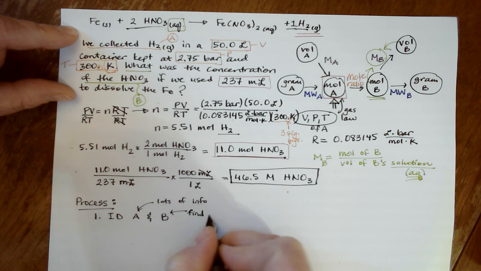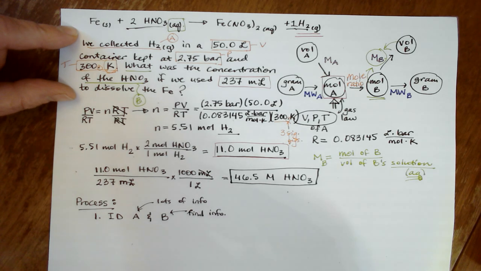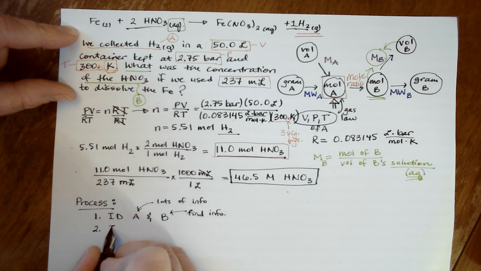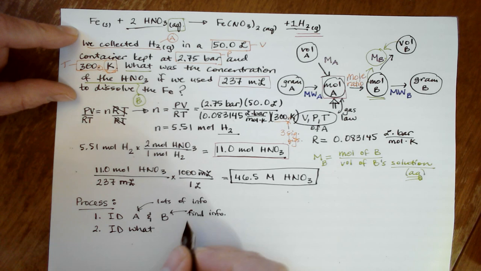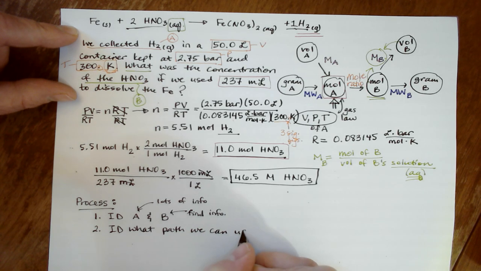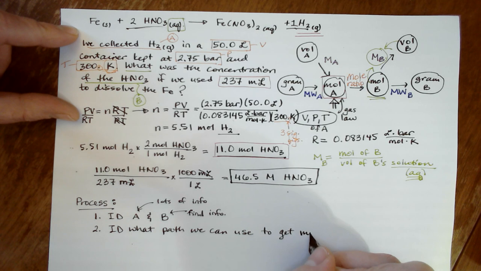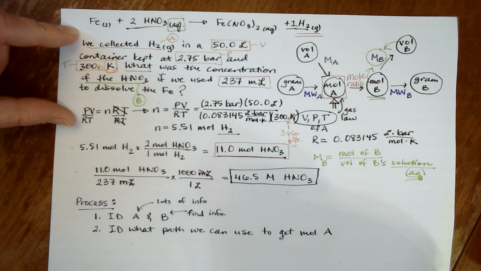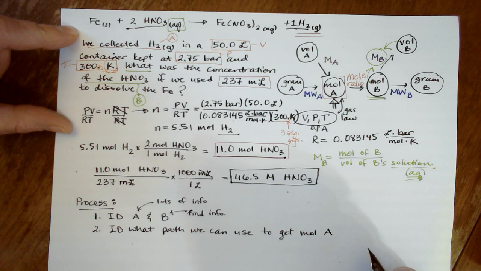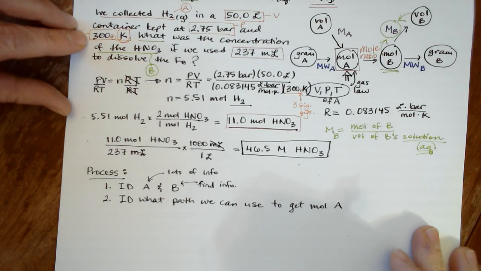This is where we have to find the information. Okay, so that was our first step. And then we identify what our starting place is, or rather what path we can use to get moles of A. All right, so really that's our bottom line. How do we get moles of A? Sometimes it's a short step, sometimes it's a longer one.